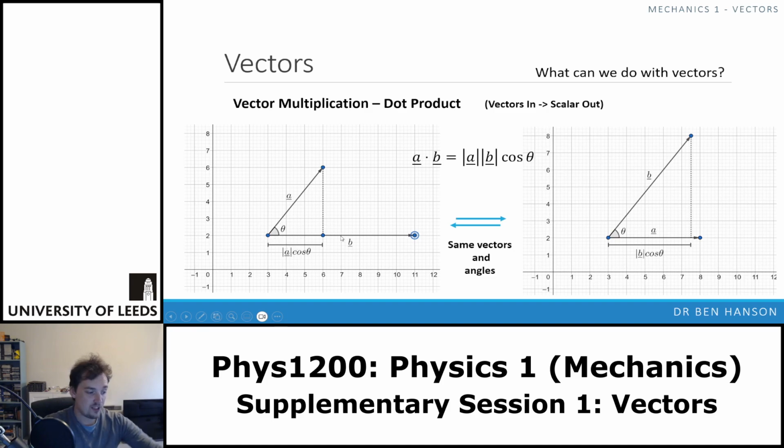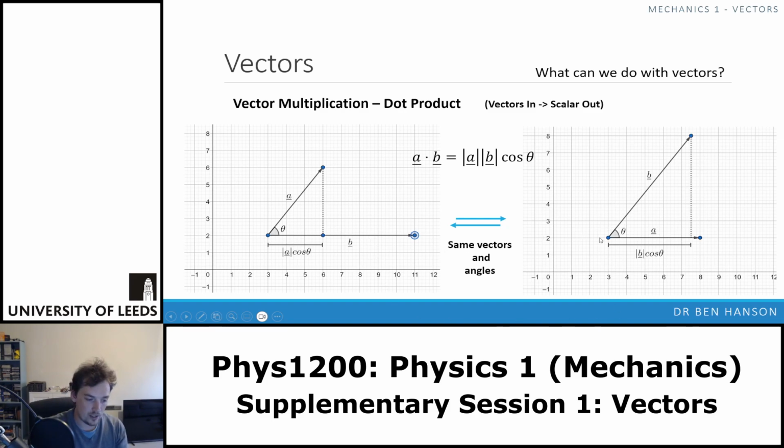That's what we're doing, right? I'm going to flip this round now. Same vectors and angles, but I've just made it so that A is on the x-axis and B is the other one. So I've just reflected it so that A is on the x-axis and B is now pointing up.